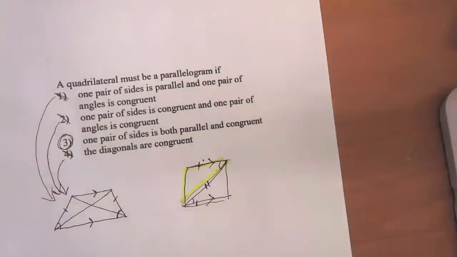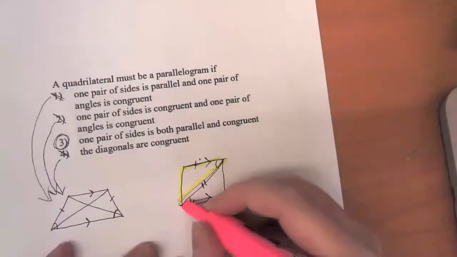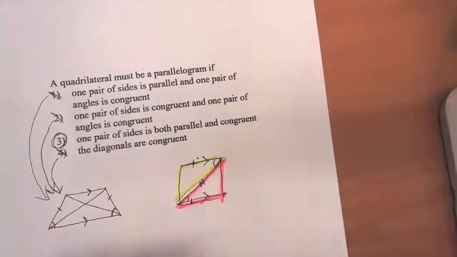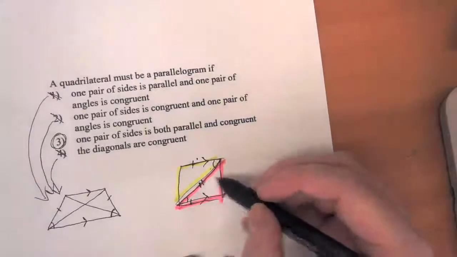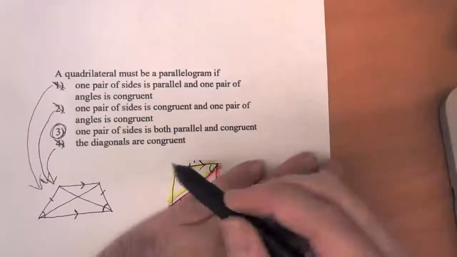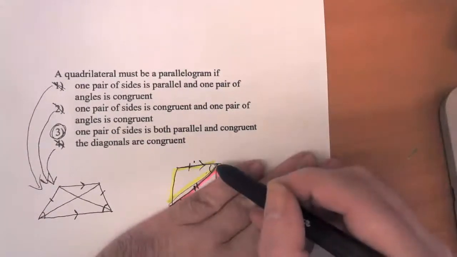So therefore, by SAS, we know that these two triangles are congruent to each other. Because notice, in this triangle we've got a side and the angle between them, and in this triangle, a side and the angle between them.